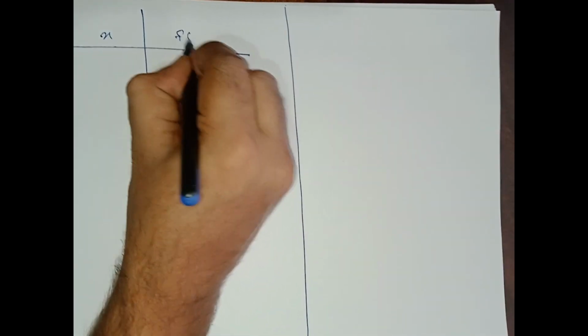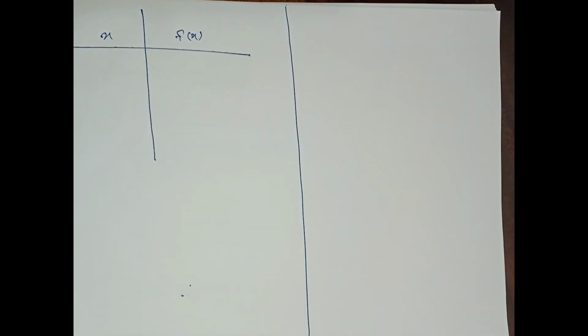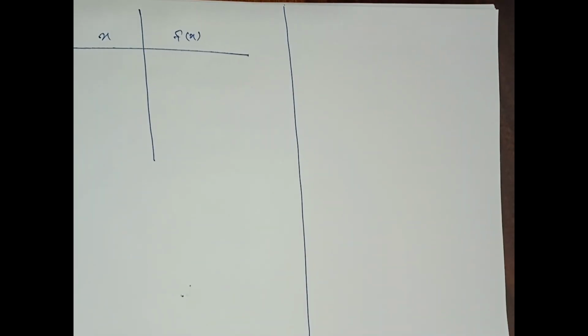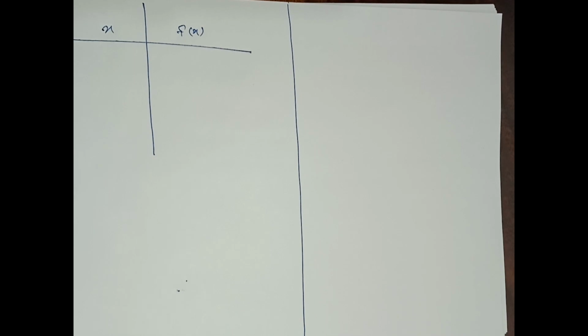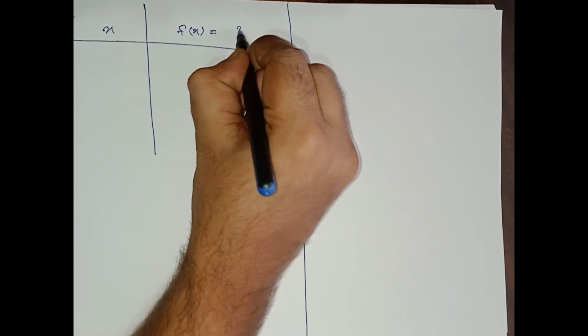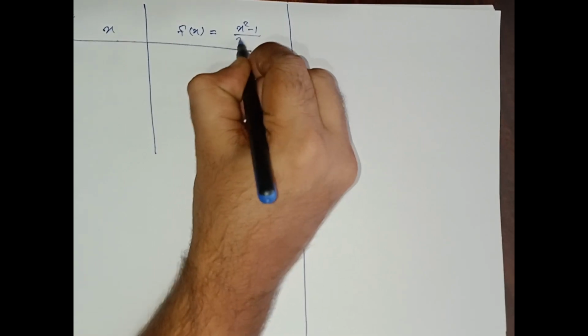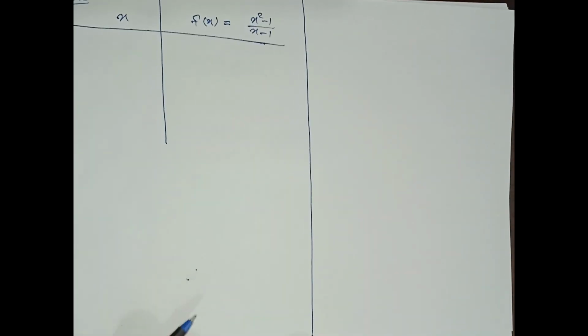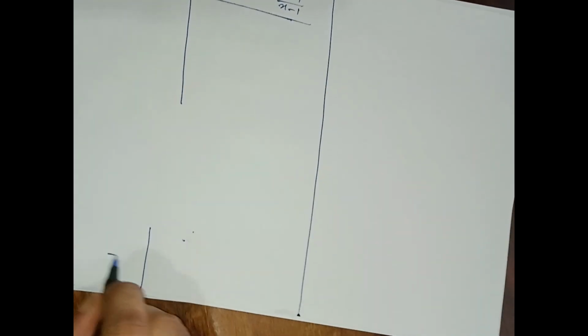This is x, this is f(x). f(x) is equal to x square minus 1 upon x minus 1. Now we are going from right.